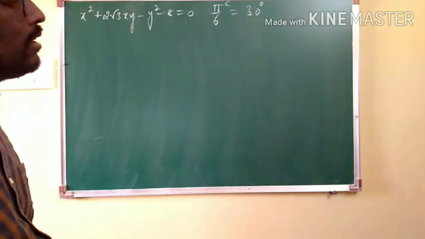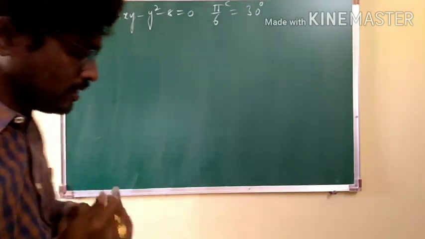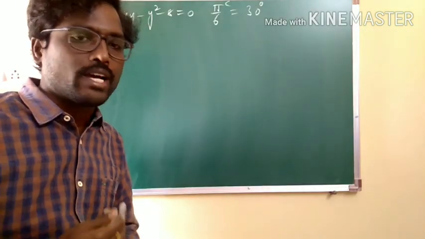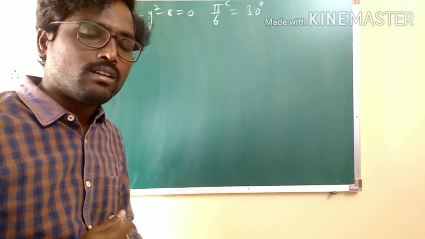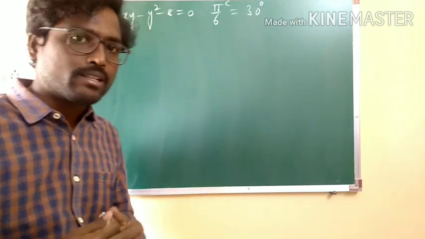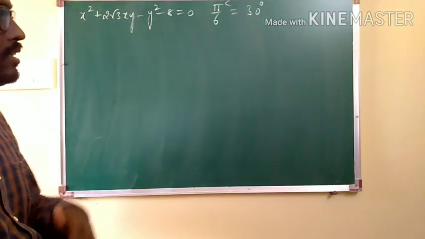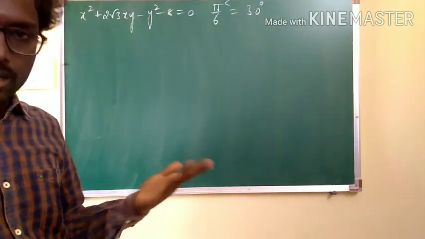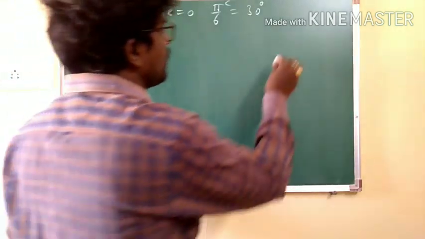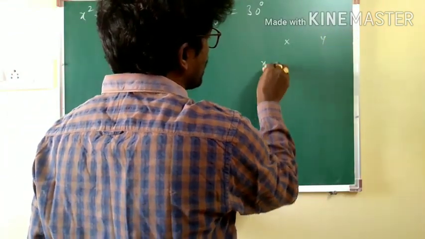So see, when we were talking about translation of axis from 0 comma 0 to h comma k, what we have done? Even then we expressed small x in terms of capital X and h, and similarly y, and we found the transformed equation. Here also the same story.